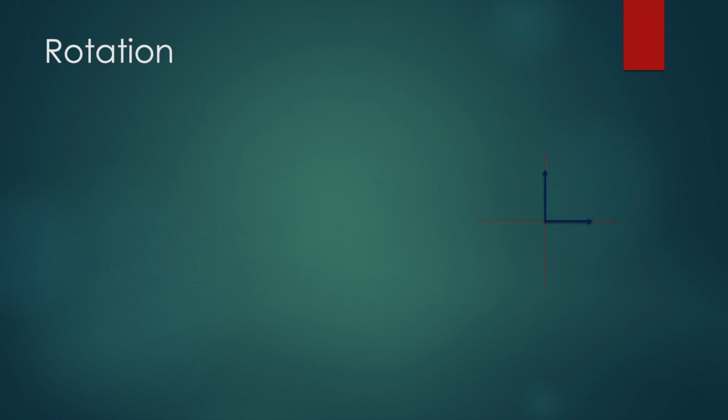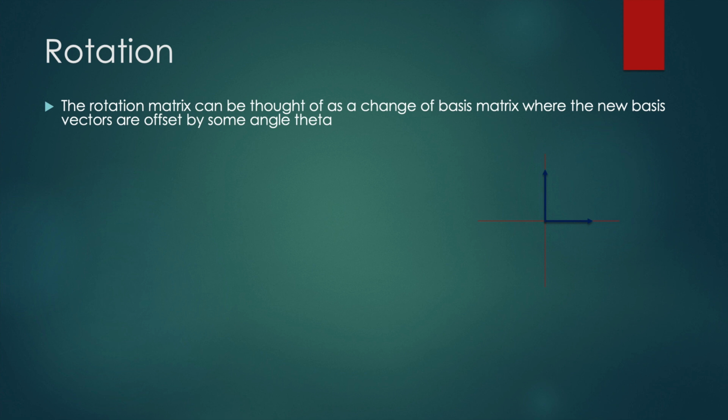A rotation matrix can be neatly expressed as a change of basis matrix where the new basis vectors are at an angle offset from the original ones. So we can write out a vector in terms of the basis, which is the x and y axes. But we could rotate this basis to produce a new basis where the x and y basis vectors are now rotated from their original positions.